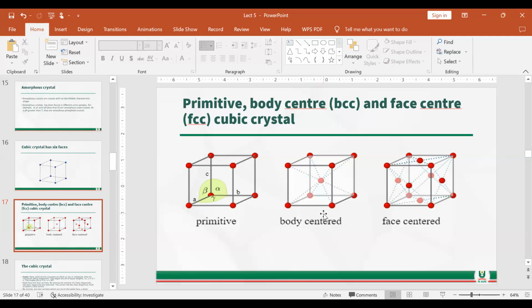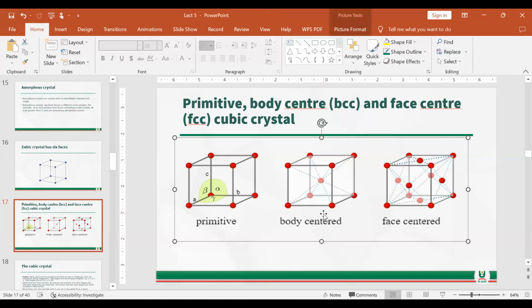So we have the last one, face-centered unit crystal. If you draw a diagonal in each side, from one corner up to another down, at the center of each face there will be 1 unit cell. So that system is called face-centered unit cell.